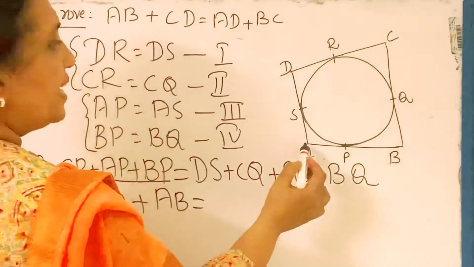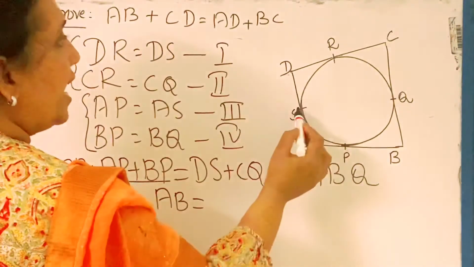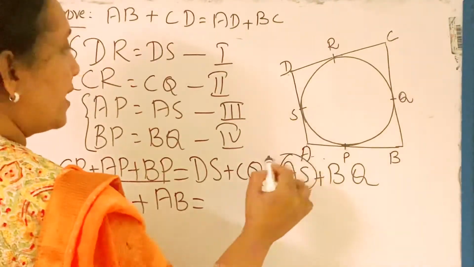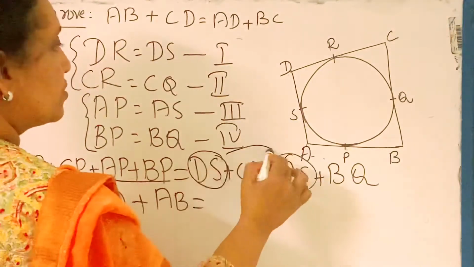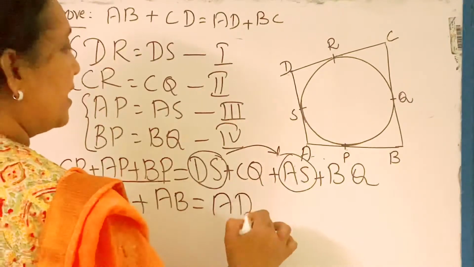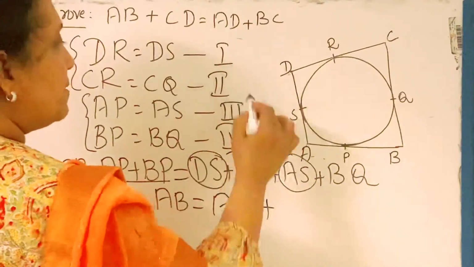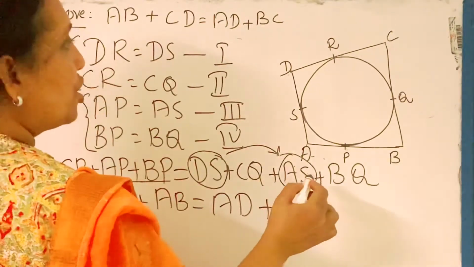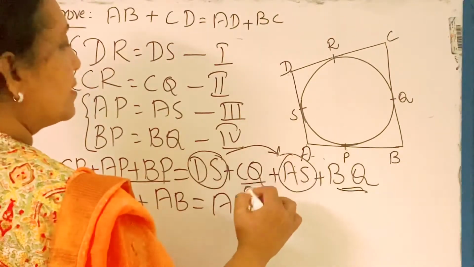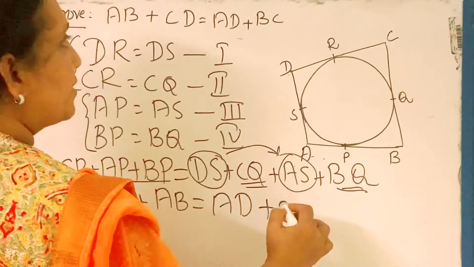What is AD? AD is AS plus DS. Look here, AS plus DS. So while adding these two, we can write AD. Then what is BC? BC is BQ plus QC. Look, BQ is here and CQ is here. That means you can write BC.